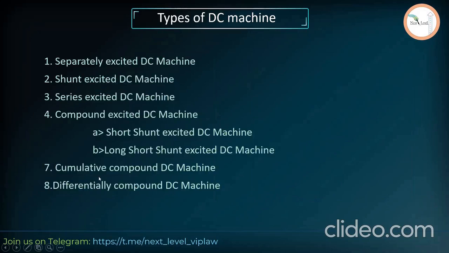That's what the name says. Cumulative compound means both fields will add together. Differentially compound means both fields will oppose each other, and the net magnetic field will reduce in differentially compound, whereas in cumulative compound, the net magnetic field will increase due to both the coils.